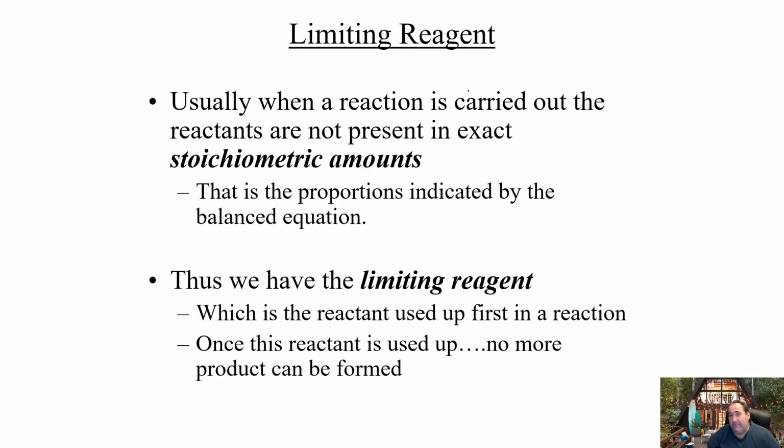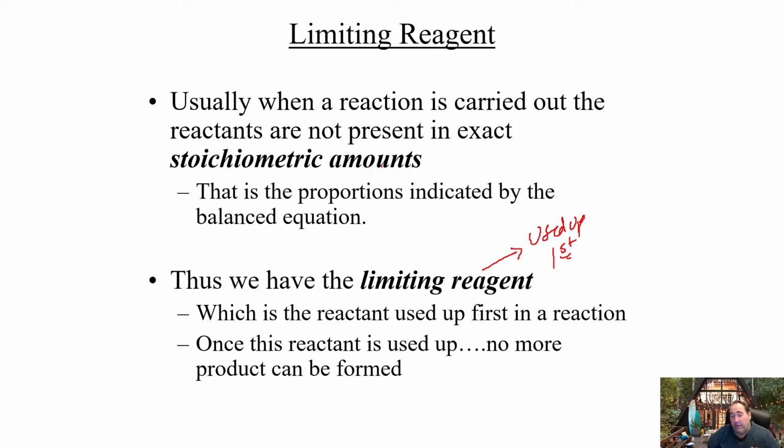You don't use the same amount of both reactants, and usually you have more of one and less of another. The one that gets used up first is what's known as the limiting reagent. This one gets used up first, which means it gets completely used up and there's no more of it when the reaction is done.